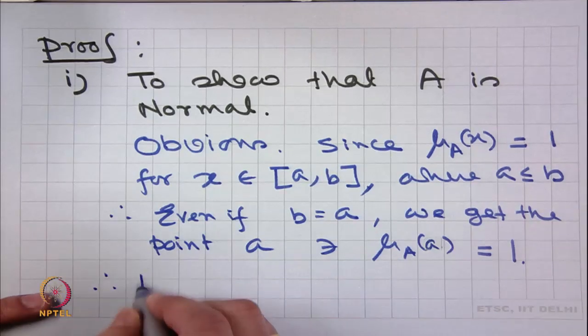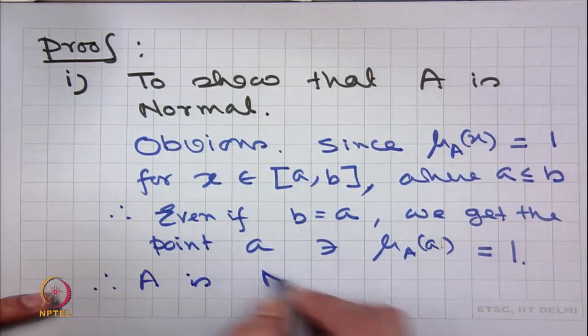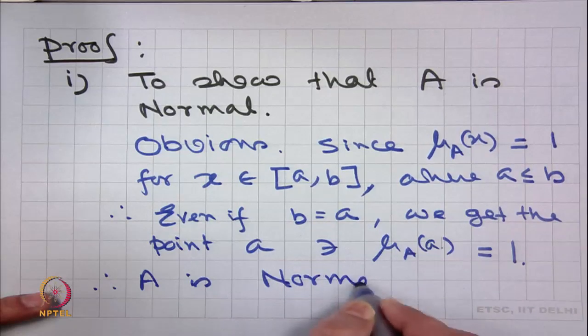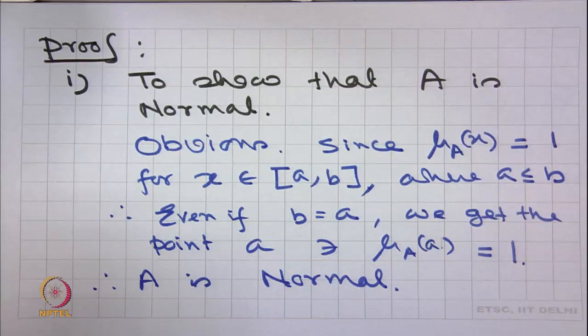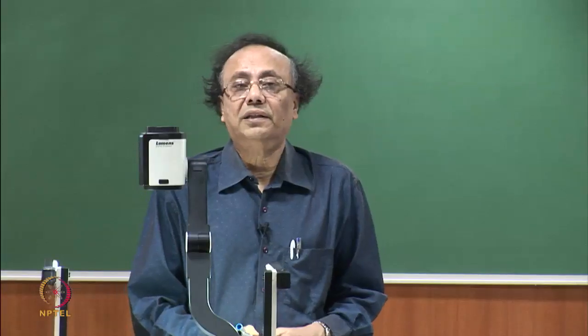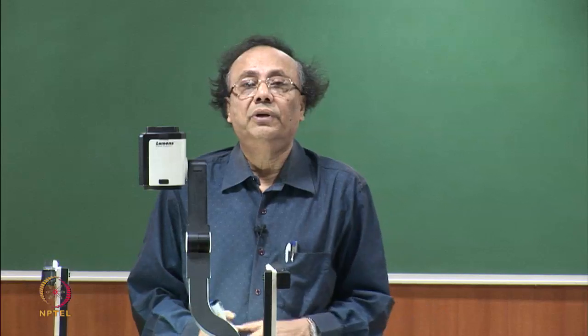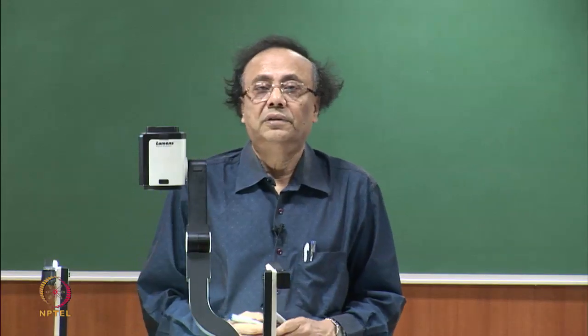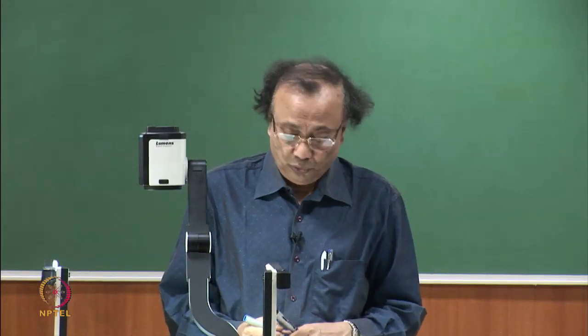Therefore, A is normal. In other cases, when B is actually greater than A, obviously the entire interval A to B will have the membership value 1.